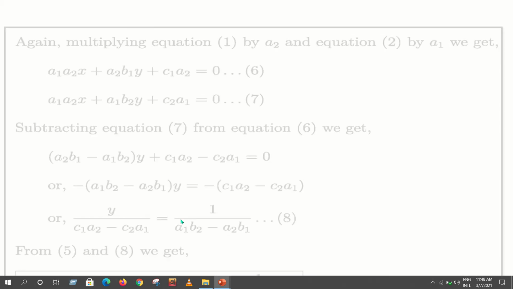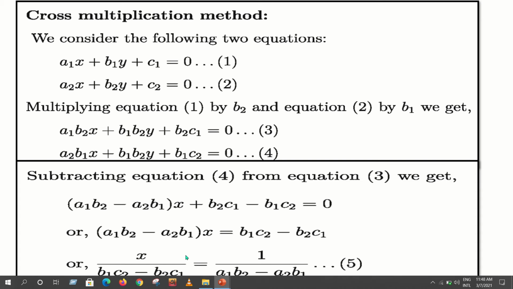Okay, therefore x divided by b1 c2 minus b2 c1, and 1 divided by a1 b2 minus a2 b1.